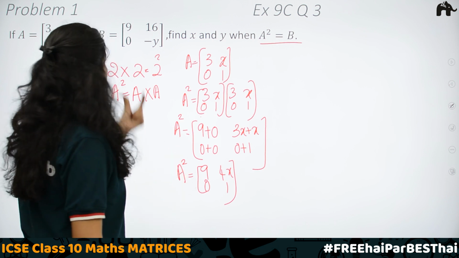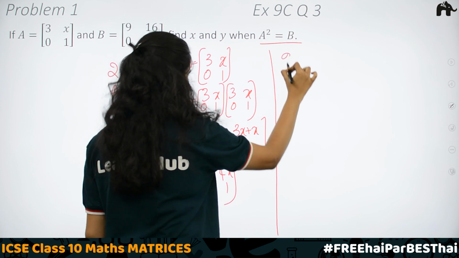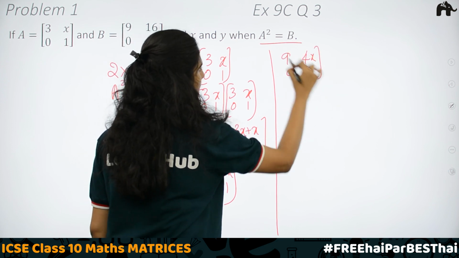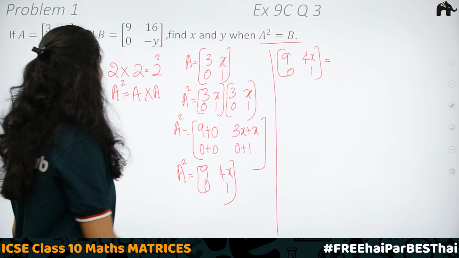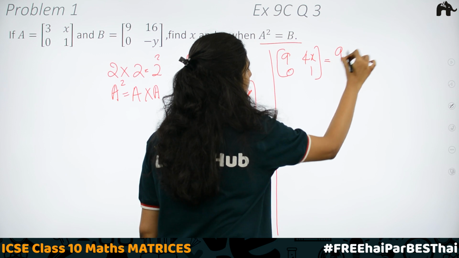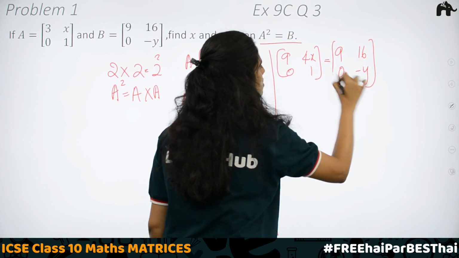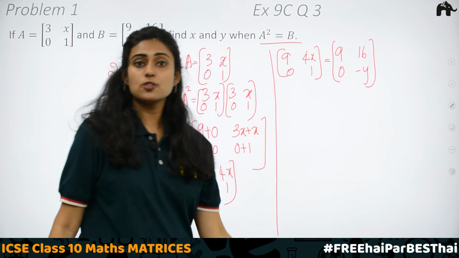Given that A square is equal to B, we have [9, 4x; 0, 1] equal to B, which is [9, 16; 0, minus 5]. These two matrices are equal. When they are equal, the corresponding elements should also be equal.